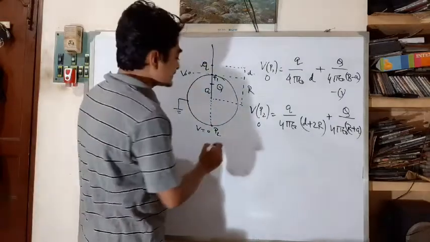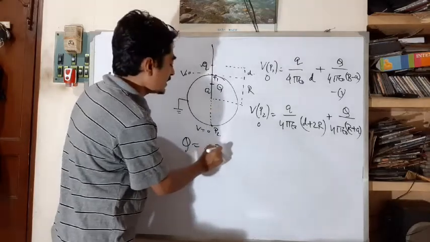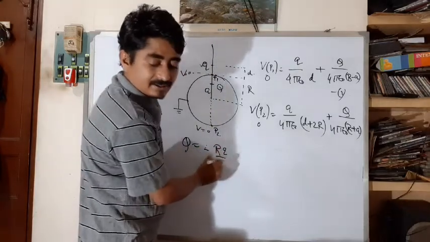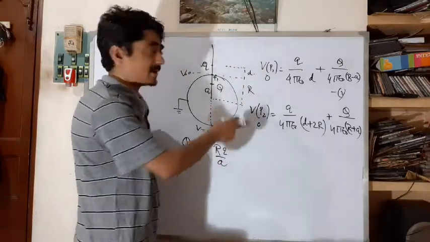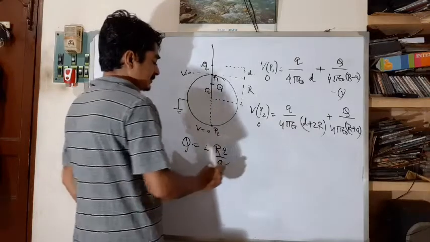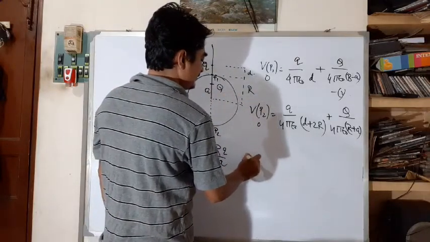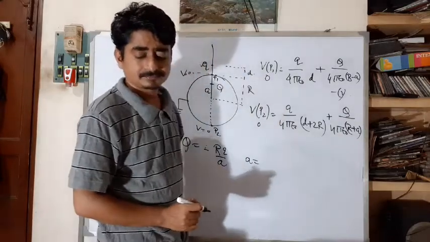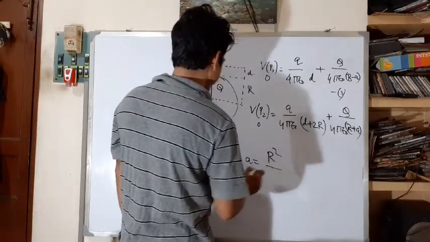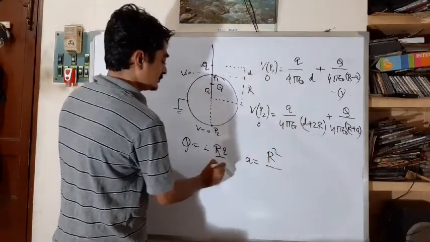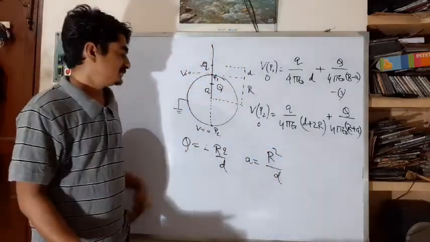Q will be minus R q by D, and this is an assignment. You have to calculate these two equations, and this A will be R square by D. So this is the solution.